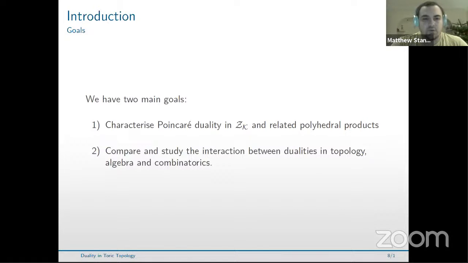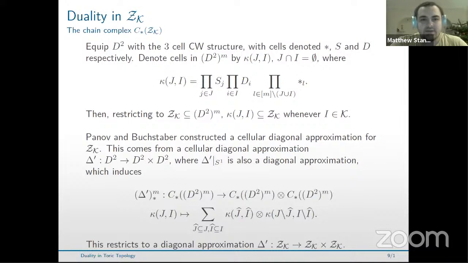Okay, so I'd like to start with the cellular chain complex of the moment angle complex Z_K. The following is due to Panov and Buchstaber. We can equip the moment angle complex Z_K with a CW structure which arises from the embedding of Z_K as a CW subcomplex of the m-fold product of the disk D^2.